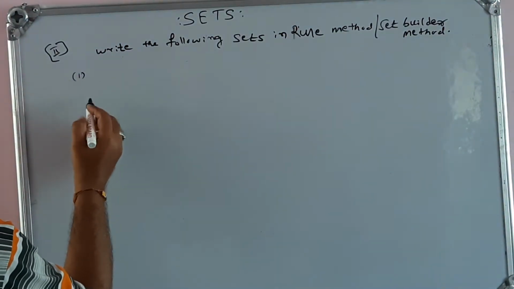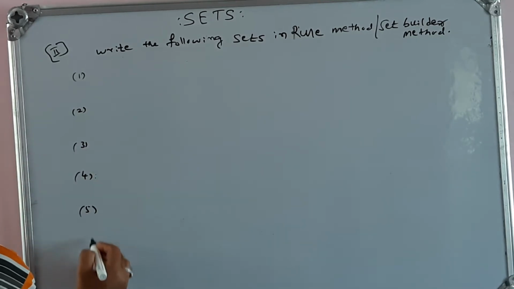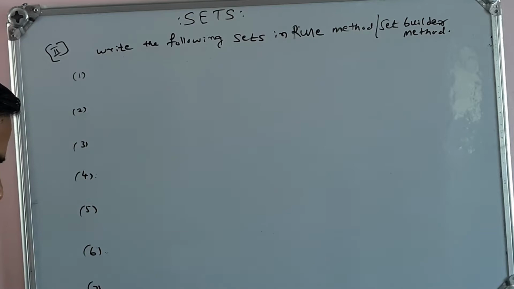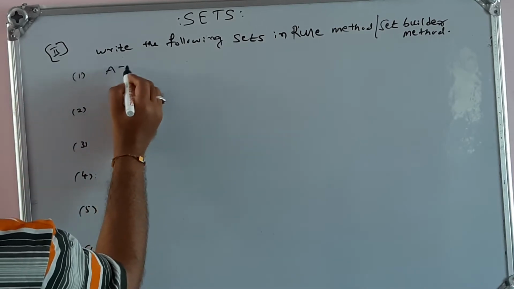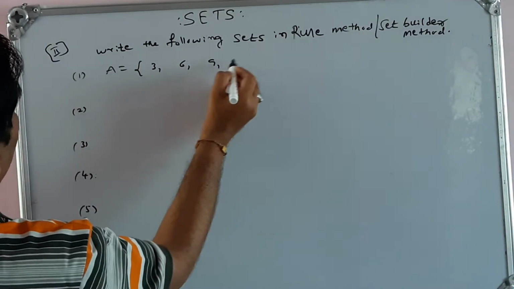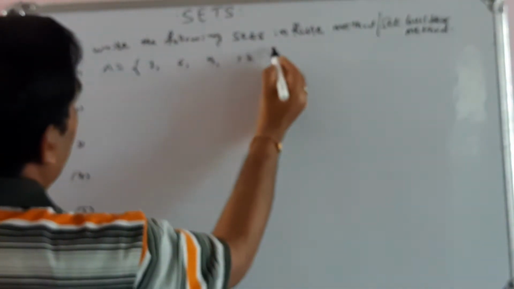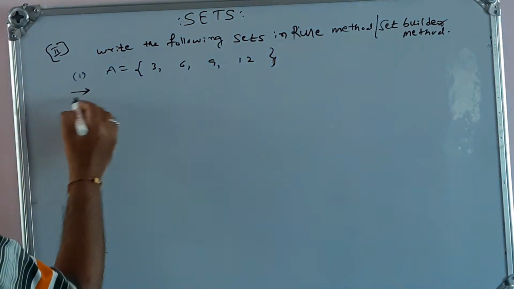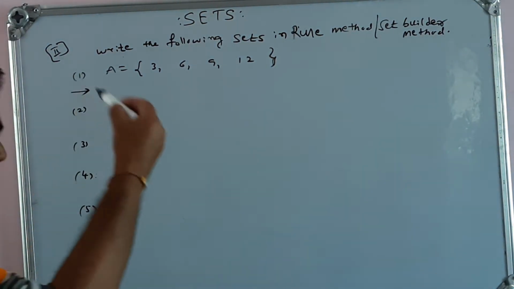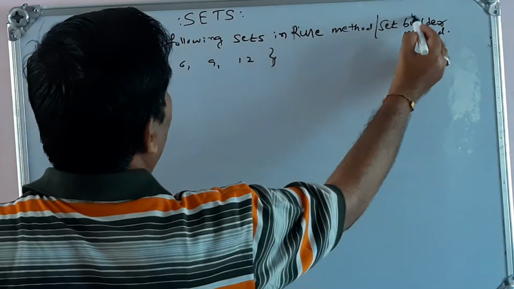Let me write a few examples here. 3, 6, 9, 12. See, let us work out one by one here. I will list the examples later. Write the following sets in rule method or set builder method.